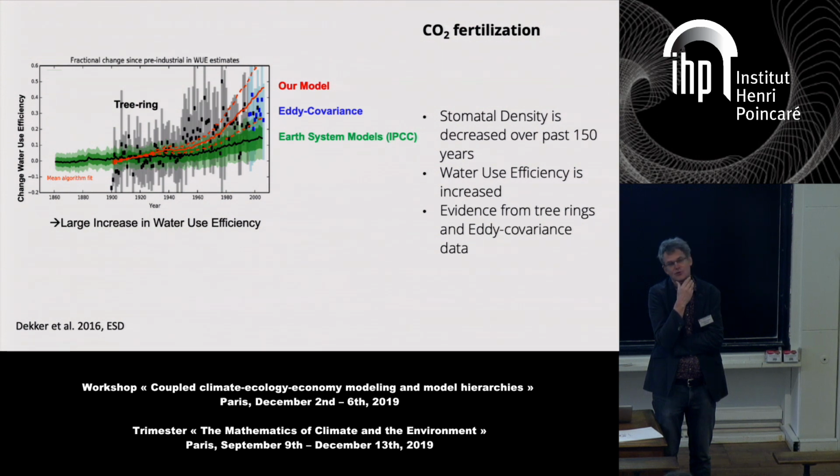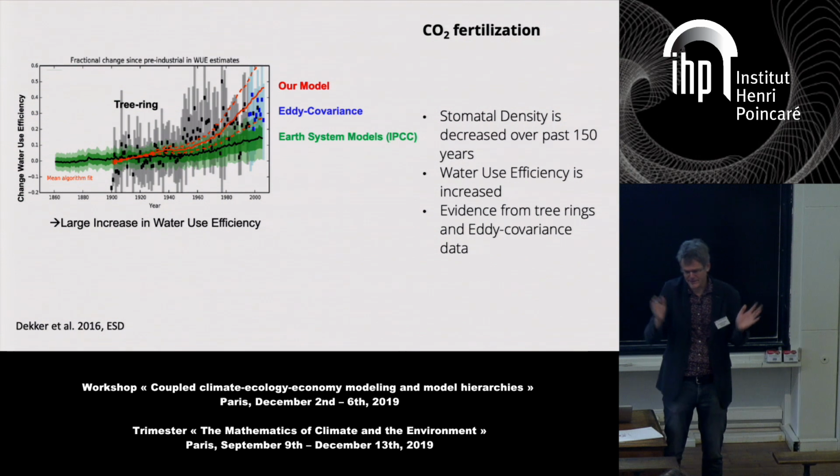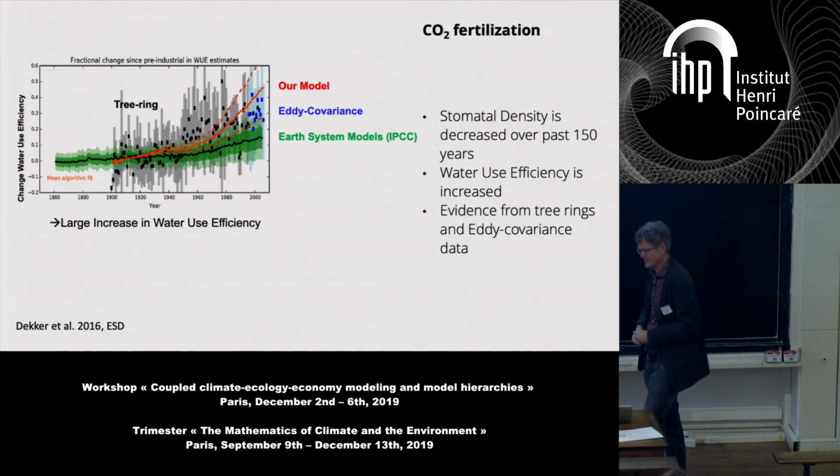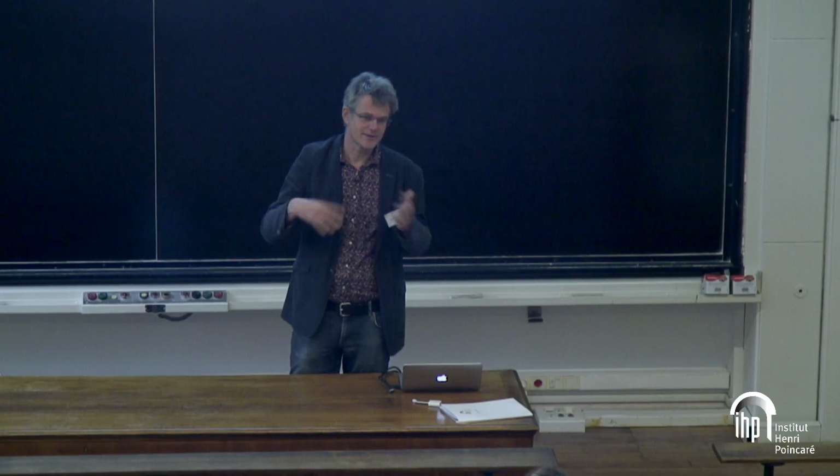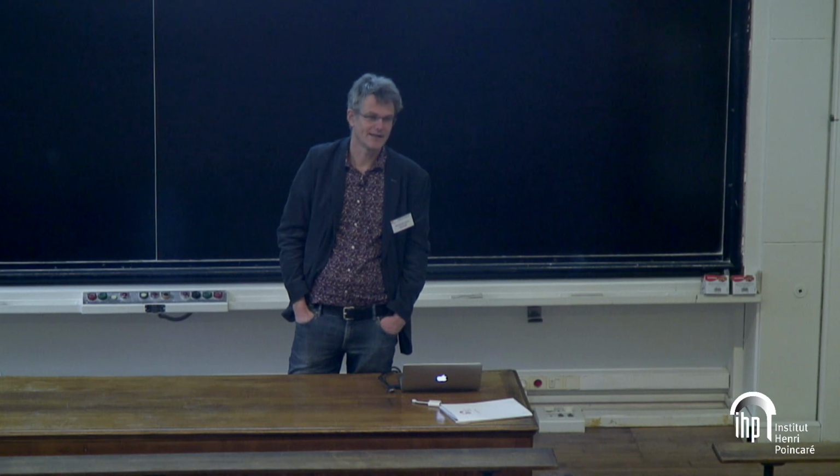So they are a bit conservative compared to at least the tree ring data, and we have derived this model from the tree ring data. This work I did in Exeter together with Peter Cox, and it is just a kind of interpolation of all the data which are currently present.